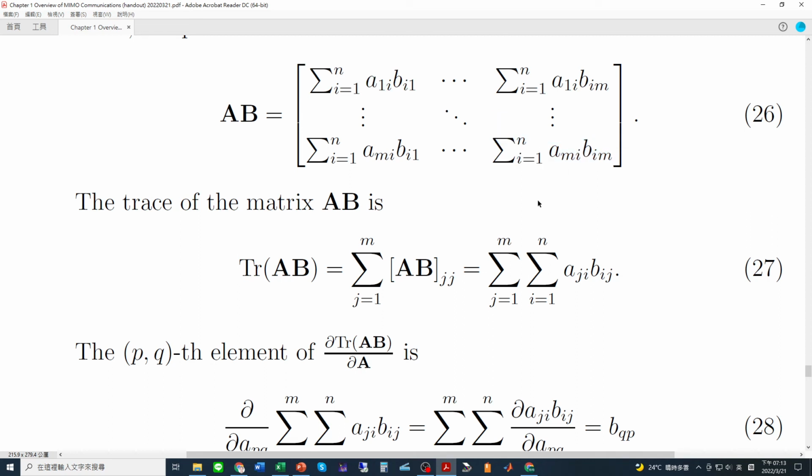Okay, so it is equal to first A1i times Bi1 to Ami times Bim.